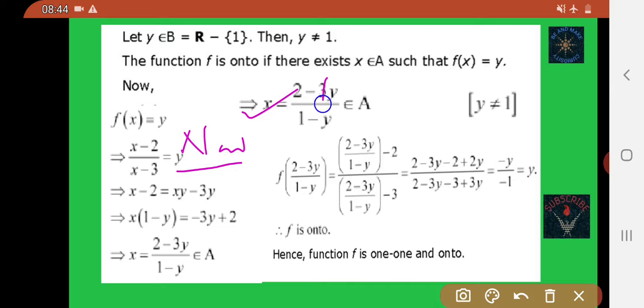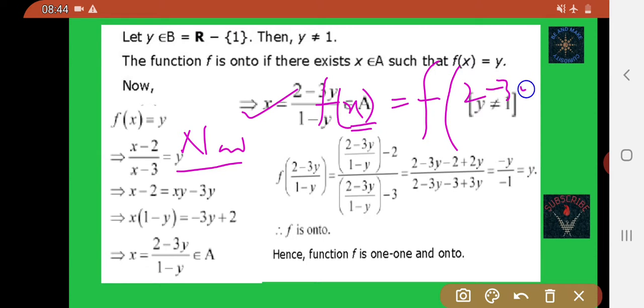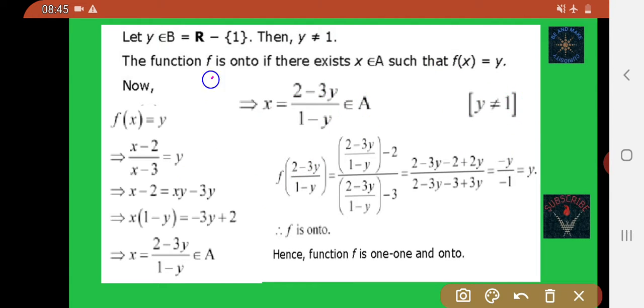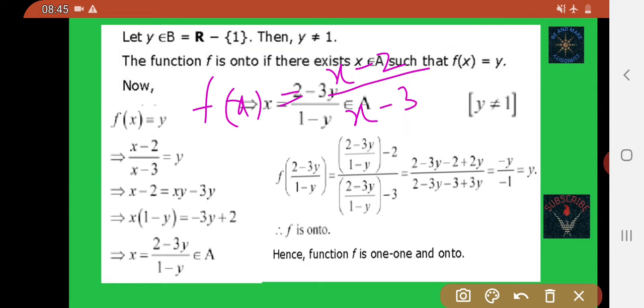x is this, so f of x is your f of, here x is what, (2 minus 3y)/(1 minus y). This is equal to this, and you know that f of x is equal to (x minus 2)/(x minus 3).